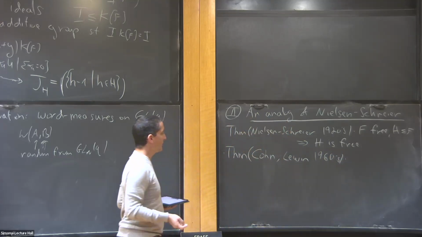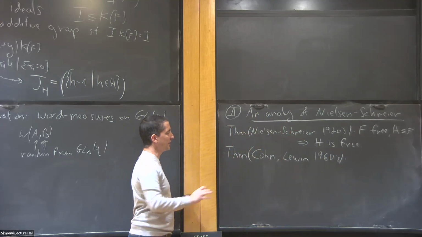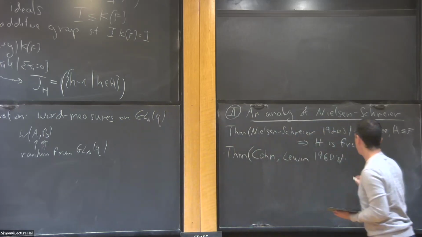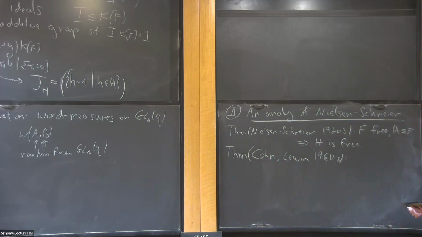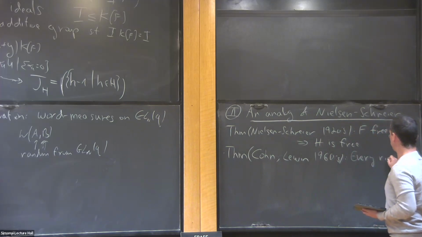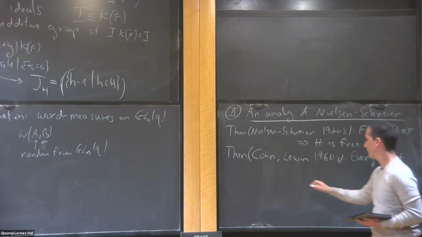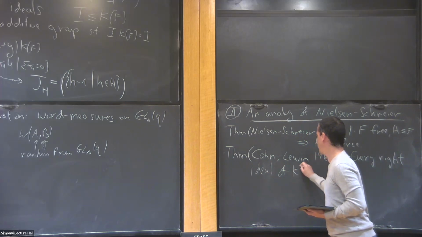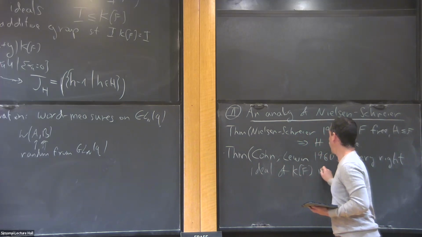I think Cohn published it, but there are claims that his proof is not correct. And Lewin published a simpler proof, which is for sure correct, that every one-sided, or right, ideal of the free group algebra is free.